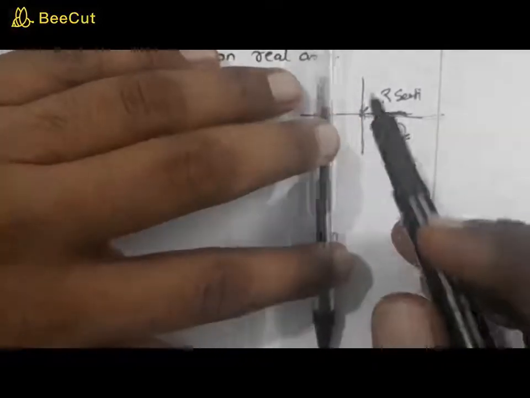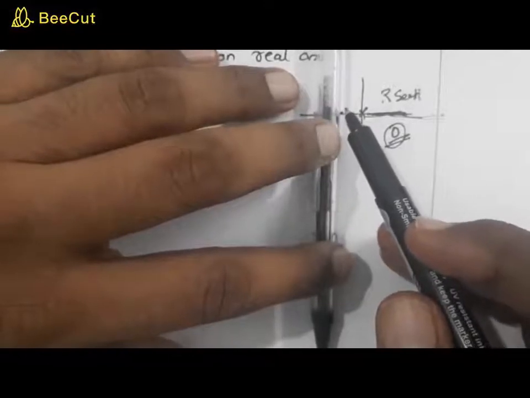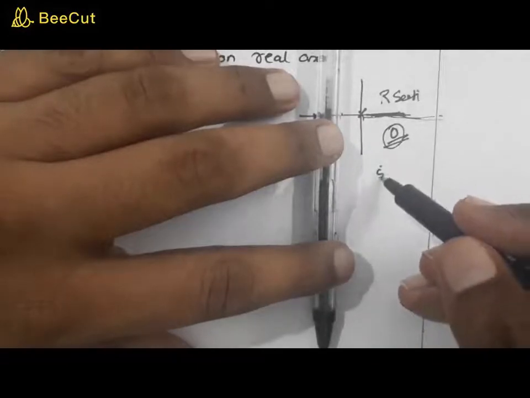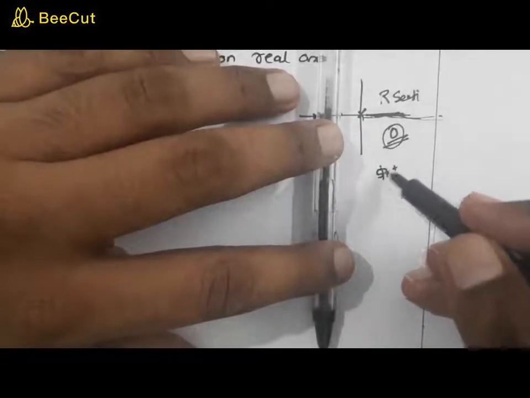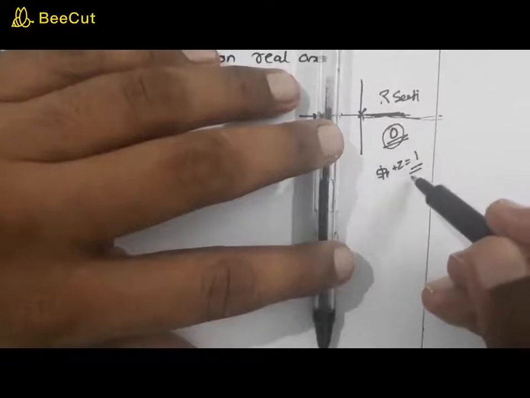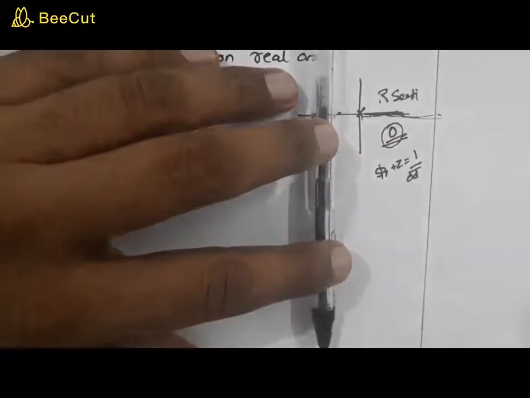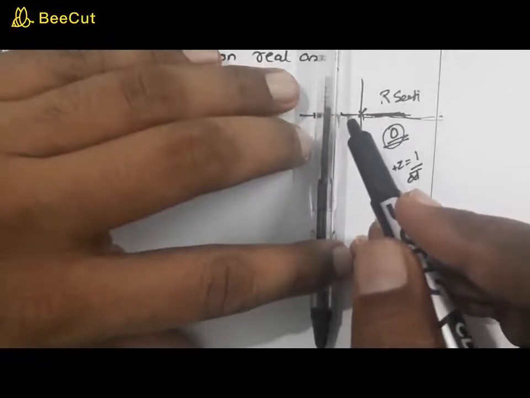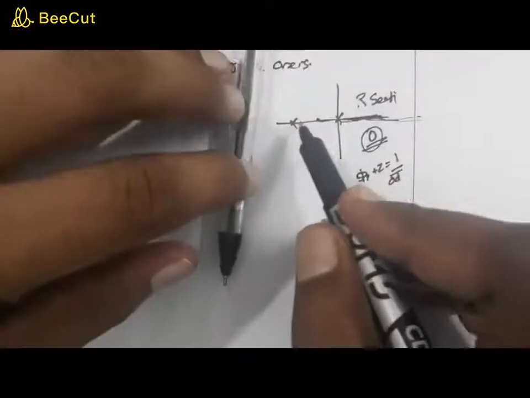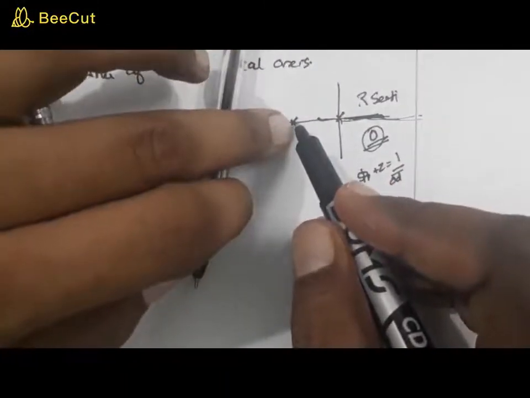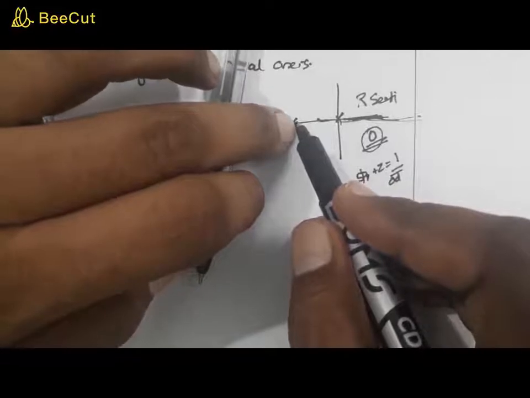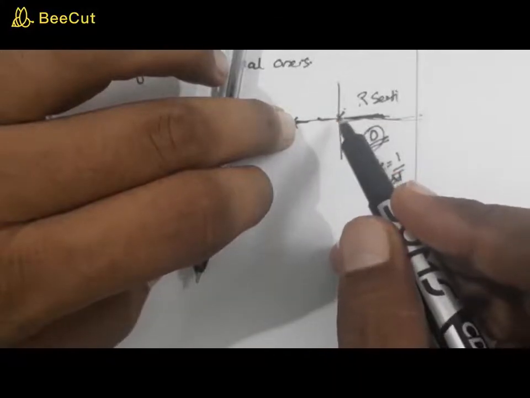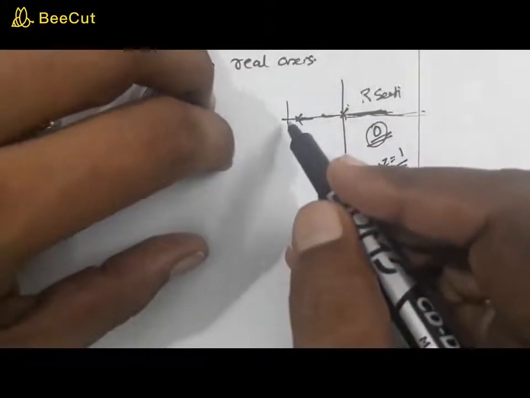Now coming to this, place a point over here. Now look at the right of this point. How many poles and zeros? The sum of poles and zeros will be p plus z is equal to 1, which is an odd number. If it is an odd number, then there exists a root locus. Now come to a point just beyond this, and again you have only one pole. Now look at this point.